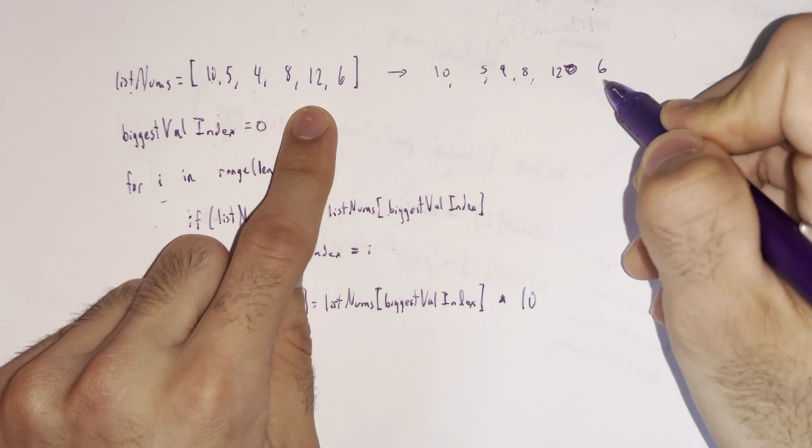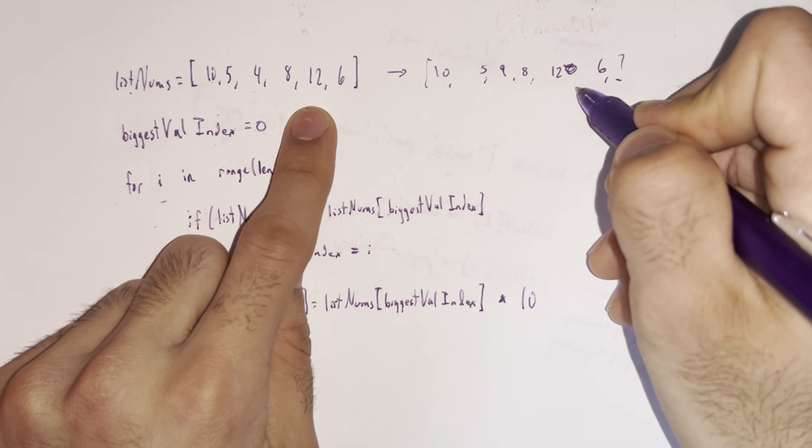So the biggest number, if you've looked through and identified, is 12. And 12 times 10 is 120. So at the end of this, 10, 5, 4, 8, 120, 6 is what we'd want the collection to be.